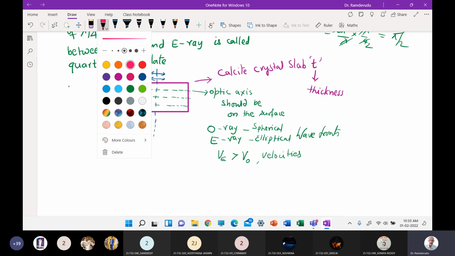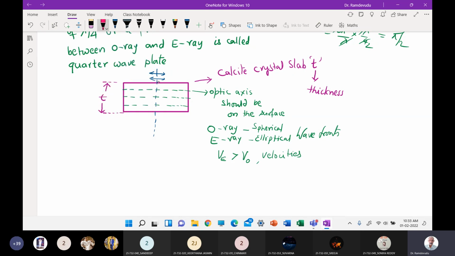Therefore, I write now that for the E ray, the optic axis is at the top, therefore the ray is going down. Hence, this should be an ellipsoid, something like this. This is an ellipse. So if I go on like this, I'll get, of course, an ellipse, something like this, somewhere here.